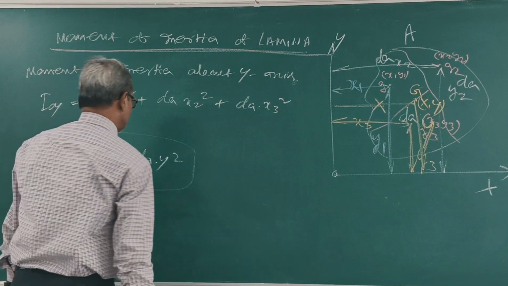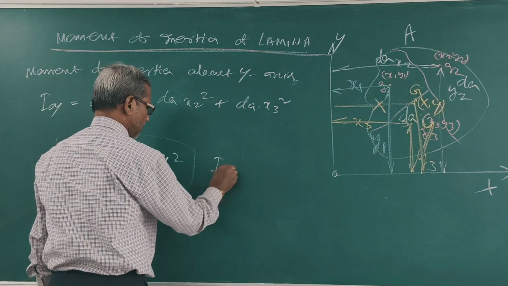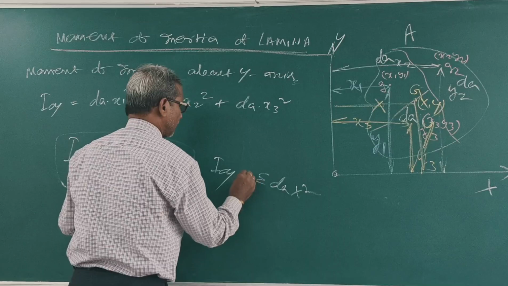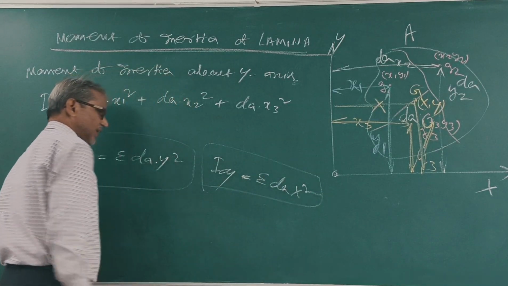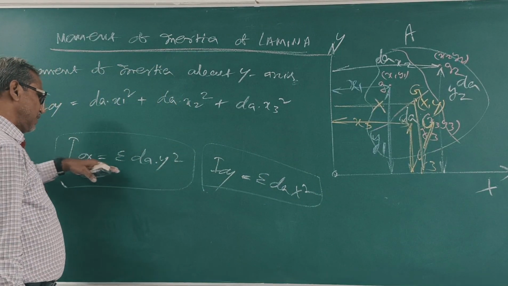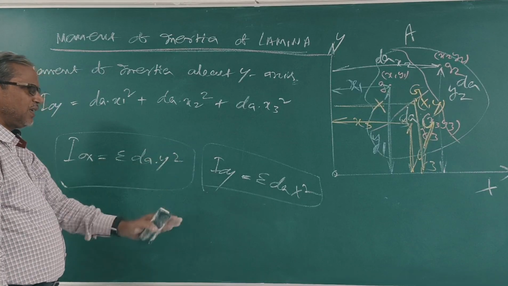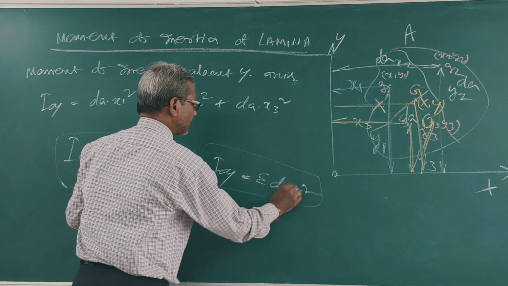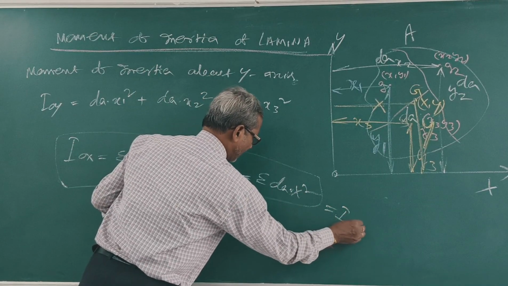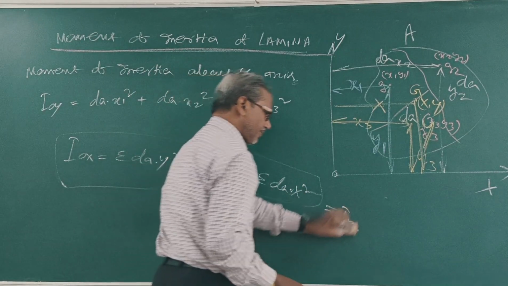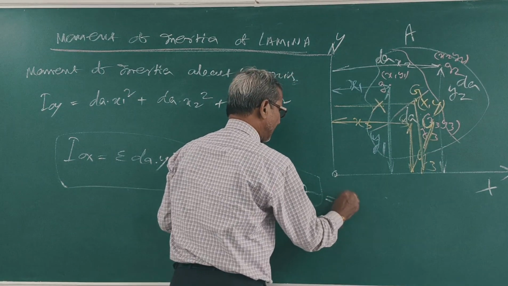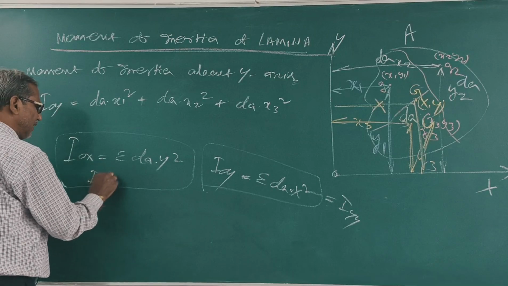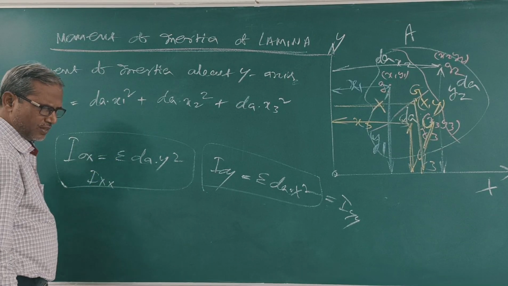So IOY is equal to sigma dA x square. Clear? This is about the x-axis IOX, and the y-axis IOY. This may be written as IYY, and IOX may be written as IXX. Clear? Next.